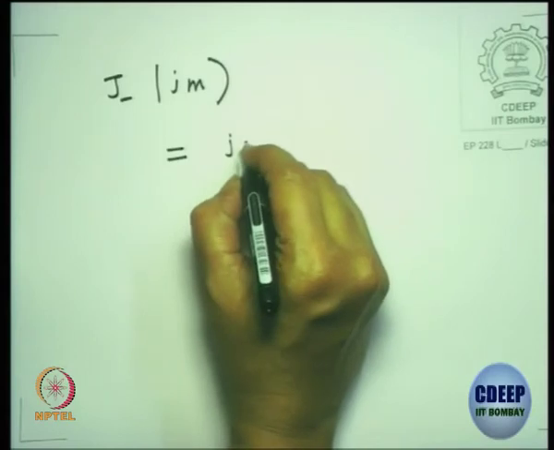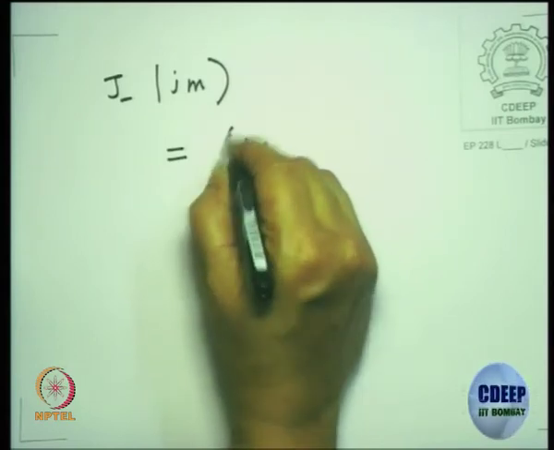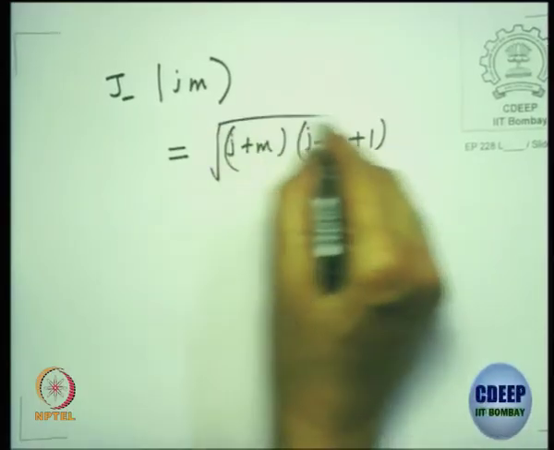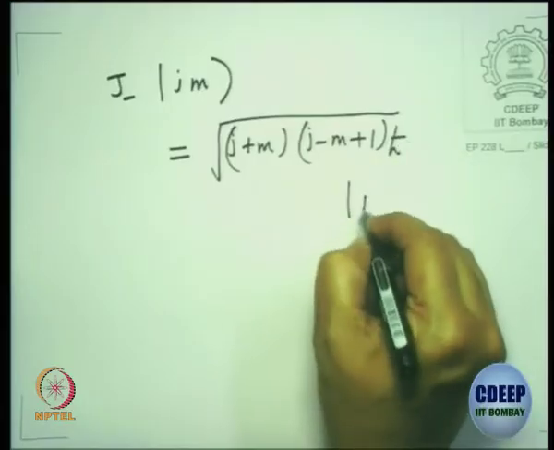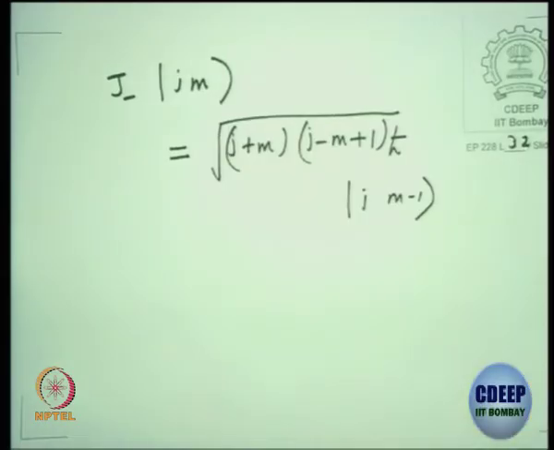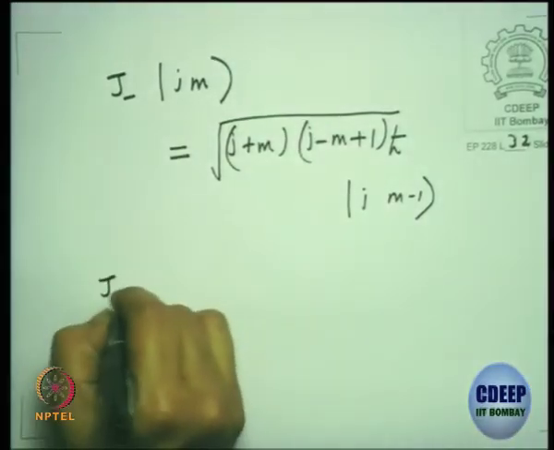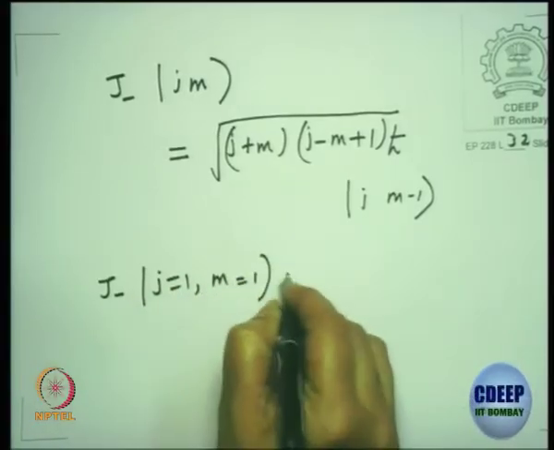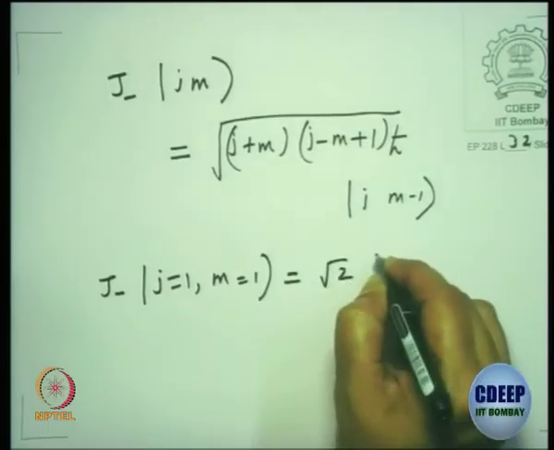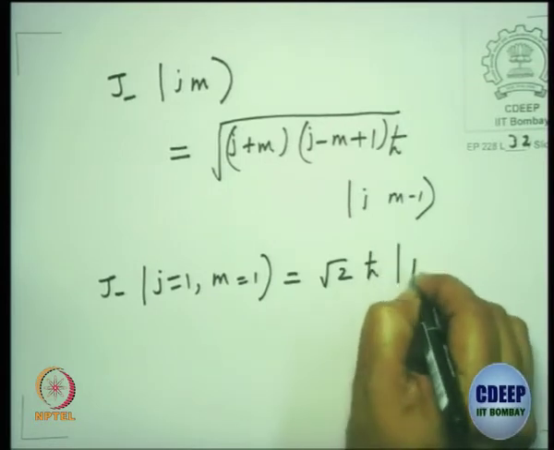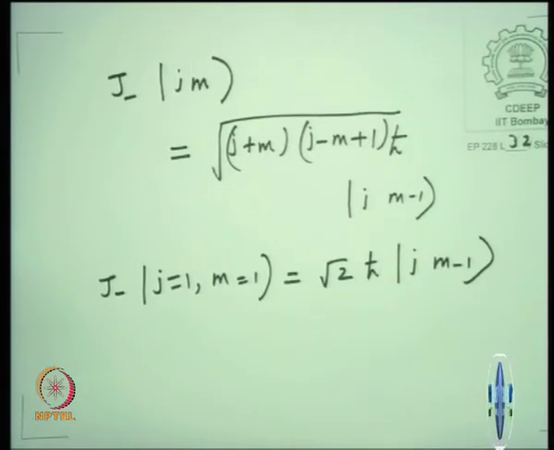Tell me, J plus M into J minus M plus 1. Is that right? Am I right or wrong? So J minus on J equal to 1, M equal to 1 will be this, the left hand side.